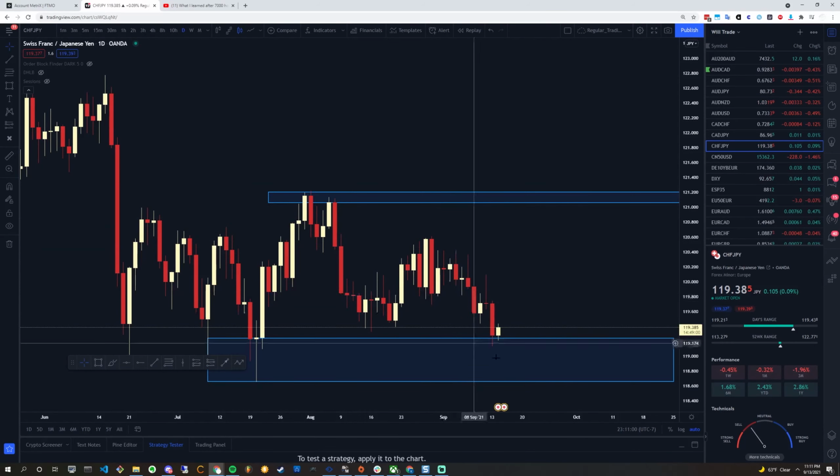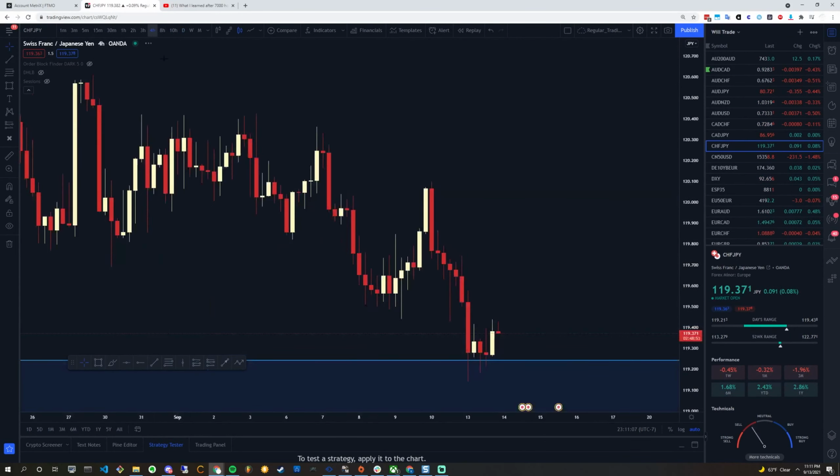Honestly, if I see these daily levels, I'd buy like 10-20 pips at least on these Chief Yens. If you just tap it, almost 20, almost. Didn't get really strong rejection. It's a lot of indecision at this level.